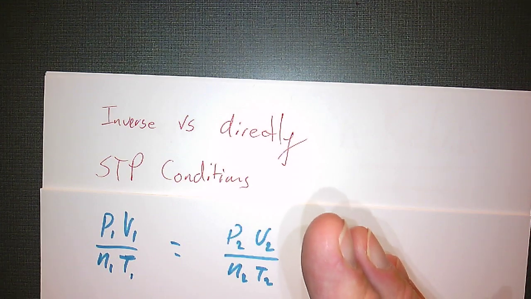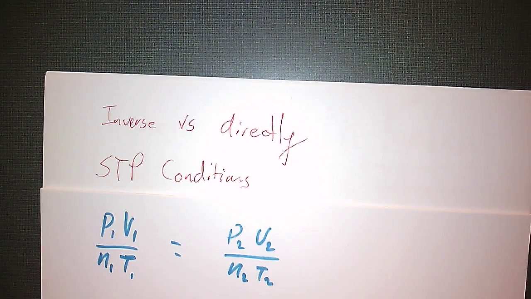What does STP stand for? Standard temperature and pressure. So standard pressure is 1 ATM, standard temperature, I'm 90% sure it's 0 degrees Celsius. Yeah, okay, 0 degrees Celsius, which would be 273 Kelvin, right? If you had to convert it, okay?